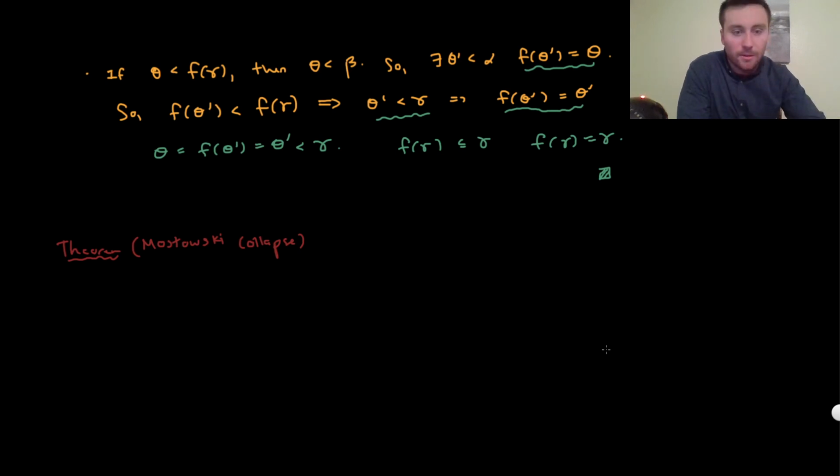Okay, so what's the result? Assume that A with less than is a well ordering.